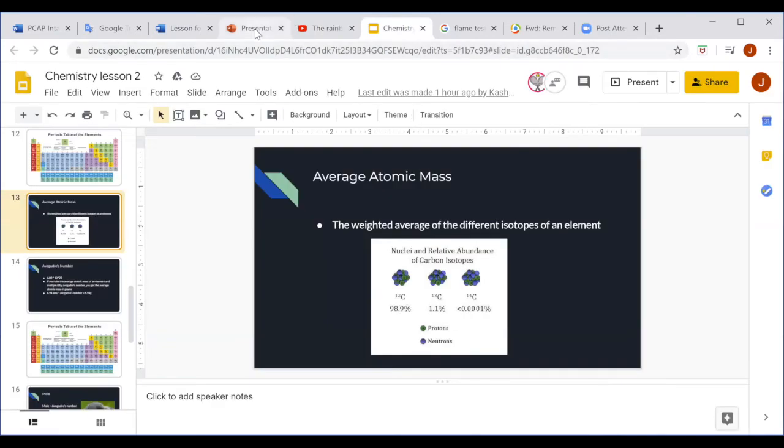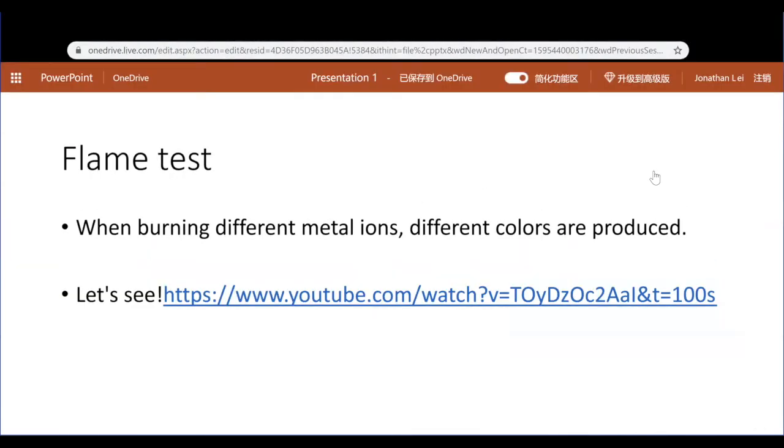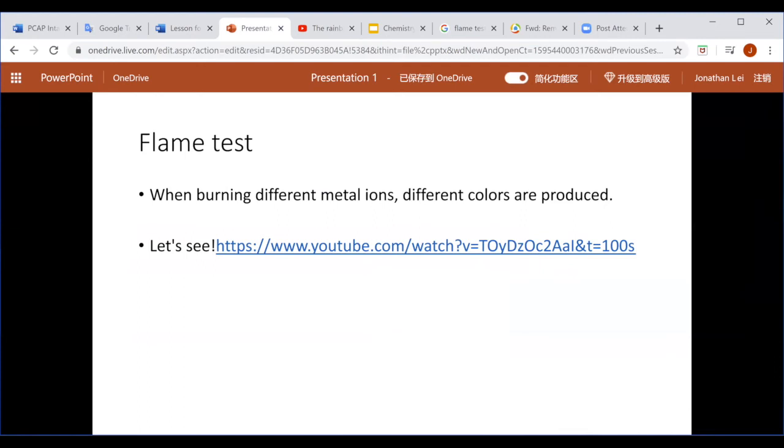Okay, so everyone can see the video, right? Even though you can't hear the sound, you can see the video. You can see the different colors of flame, right? Yes.